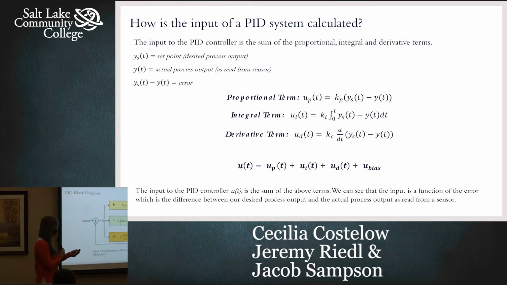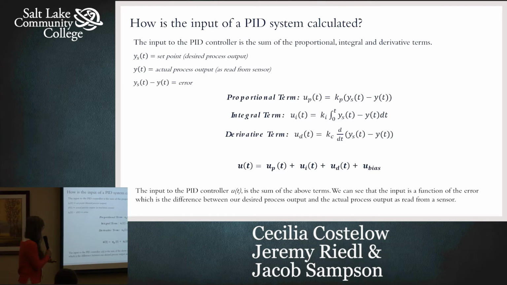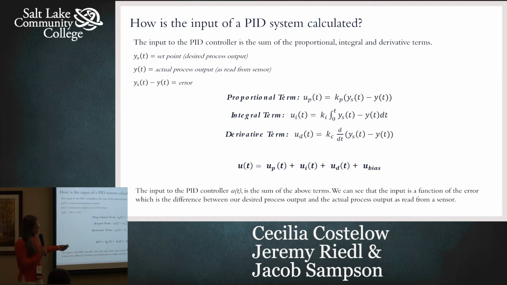And then just to follow up on what Jake was saying, what's the role of the proportional, integral, and the derivative term? So the KP term is just some coefficient value that's being multiplied by the error. So if you have a positive error, then you're going to have a pretty big gain depending on what your KP term is. If you have a negative error, then that term is going to be negative. The integral term is really there to allow our steady state value to get as close to 0 as possible.